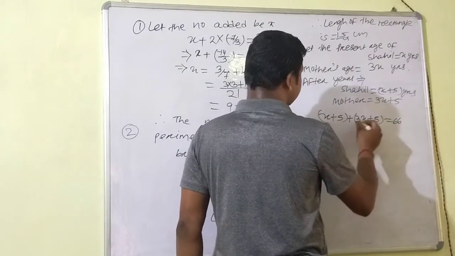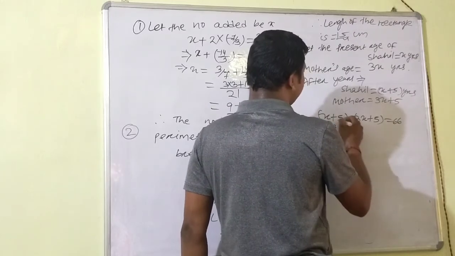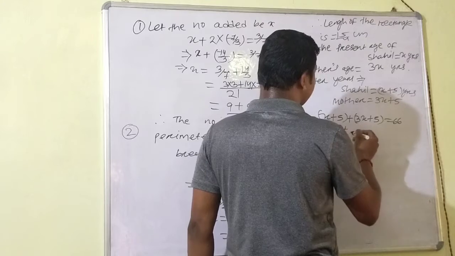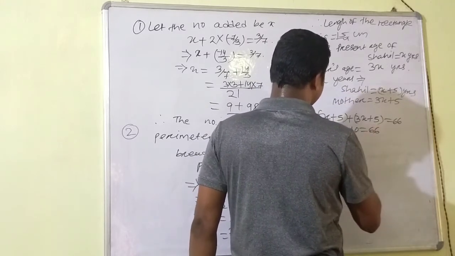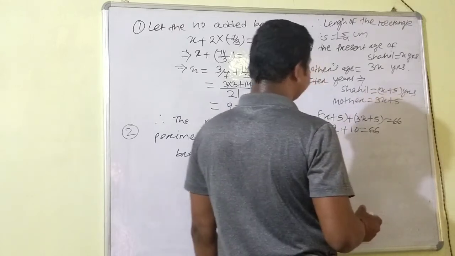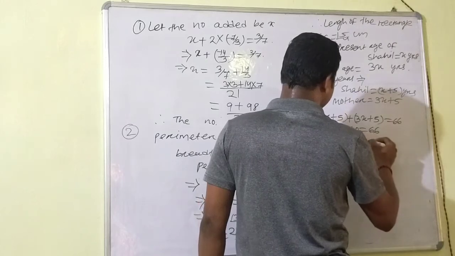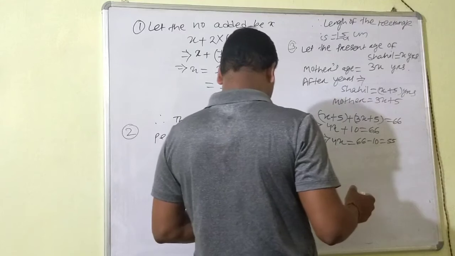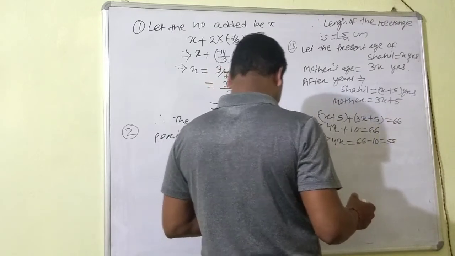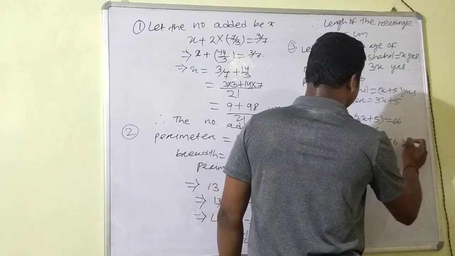Here x plus 3x is 4x, and 5 plus 5 is 10, equals 66. Now we can write 4x equal to 66 minus 10, that is 56 years.